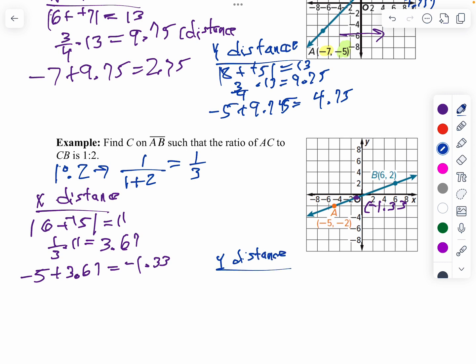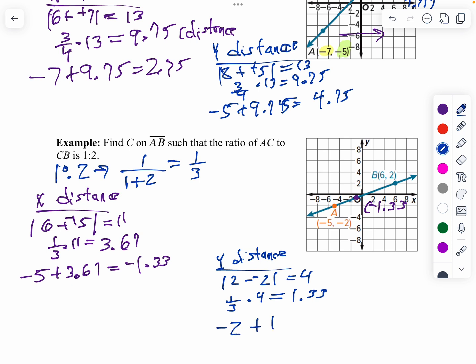Now let's start over with my y distance. And my y distance, I'm going to take 2 minus a -2. And that will be 4. So then I take 1/3 of 4, which is 1.33. It's 4/3, which is 1.33. I start at -2.